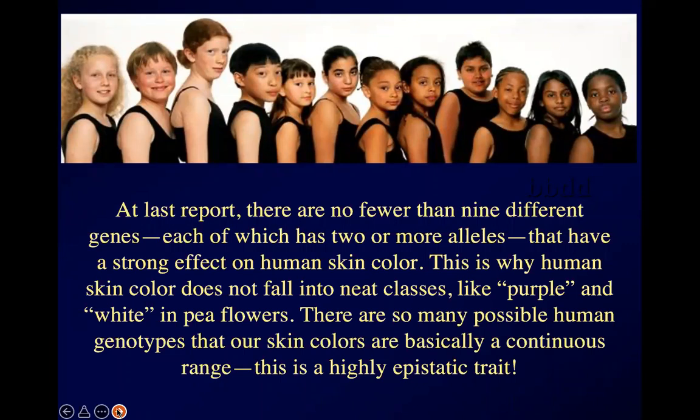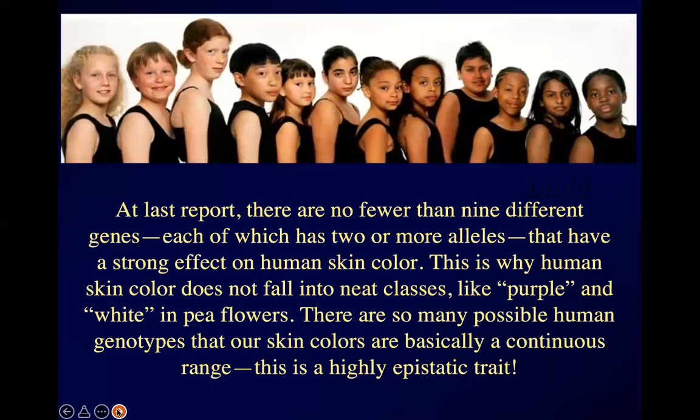We have lots of genes that cover it. You can't really do a Punnett square. Well, you could, but for 9 genes, I think you need a 1024 by 1024 Punnett square to look at the inheritance of 9 different genes all at once.